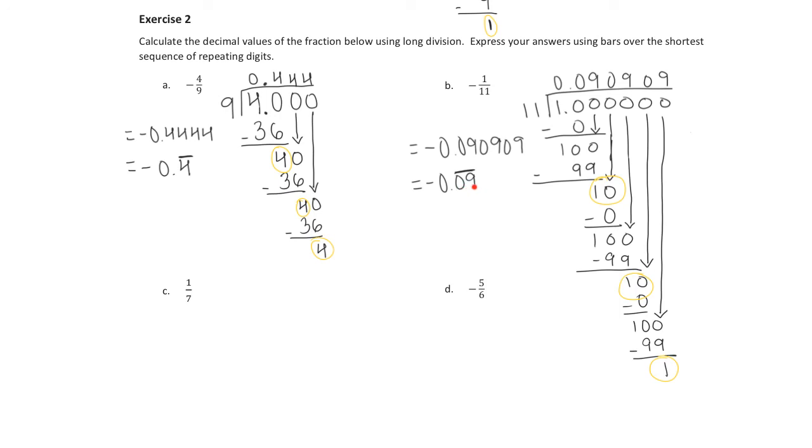Remember, because the 0 and the 9 repeat, we have to make sure to put the bar over both of those numbers. Also, let's look at the pattern over here with how we come up with the same remainder every time. The only reason why the remainder is 1 down here is because if we were going to add another 0, it would be 10 again.